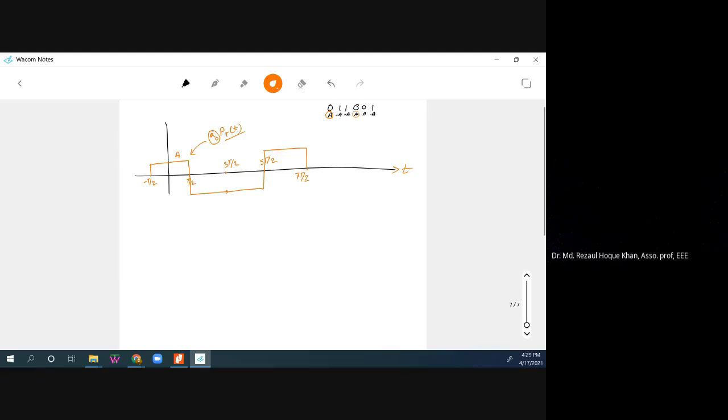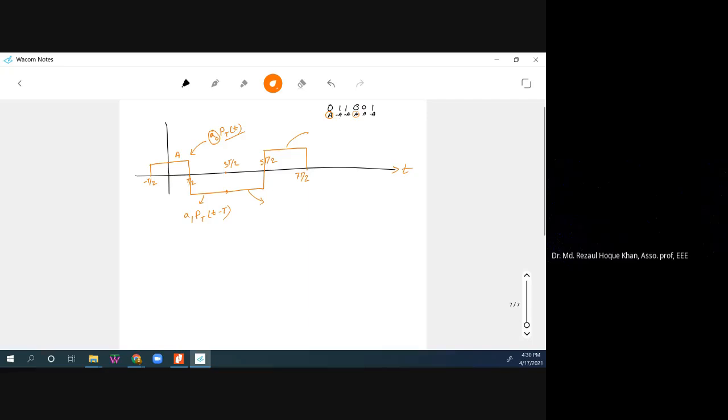So the second pulse is a1 multiplied by the pulse itself, shifted by T. But the third symbol is shifted by 2T. Fourth symbol shifted by 3T, right?